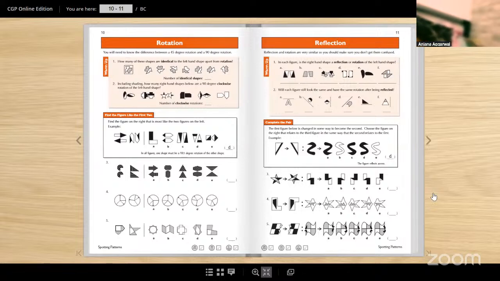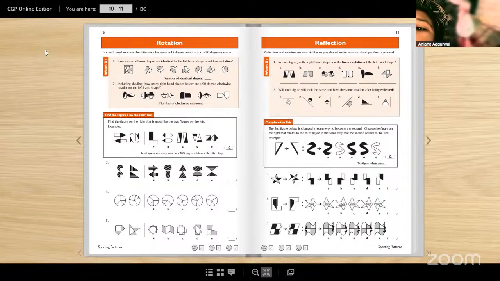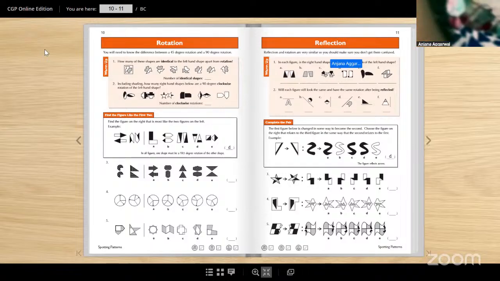In each figure, is the right-hand shape a reflection or a rotation of the reference shape? This is a reflection. Okay, so if I do a blue circle, then it's reflection. If I do a red circle, then it's rotation.